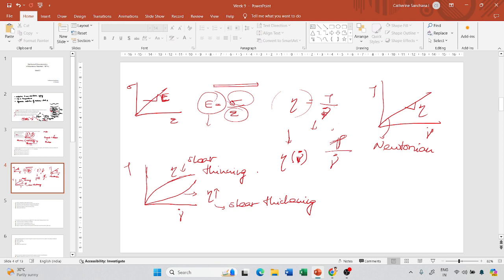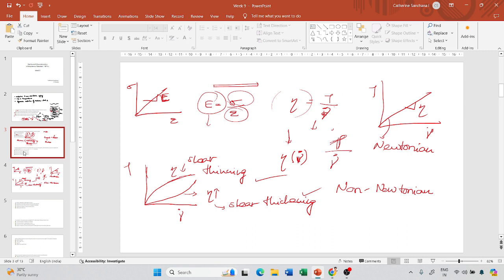Okay, now there are also other materials which we will see as and when we go. There are questions on that also. So these two types of responses are called non-Newtonian. The fluids which exhibit these kinds of responses are called non-Newtonian fluids.